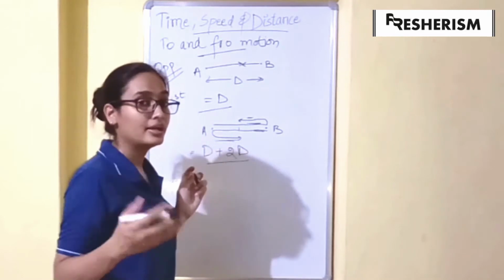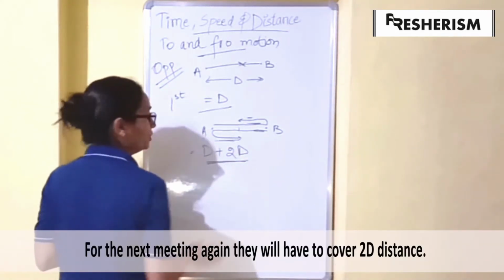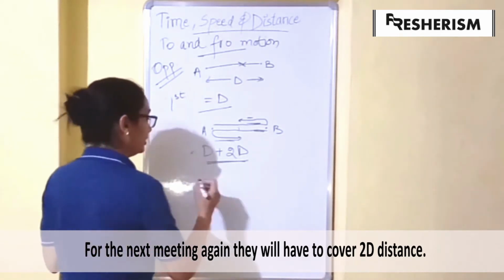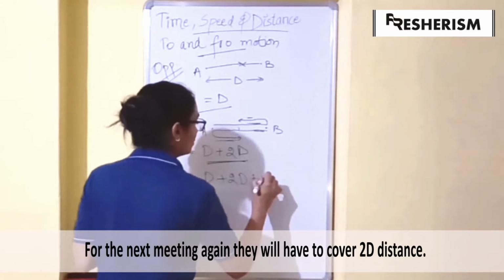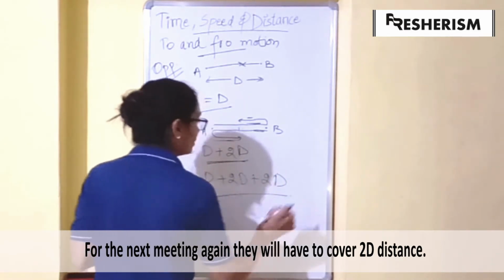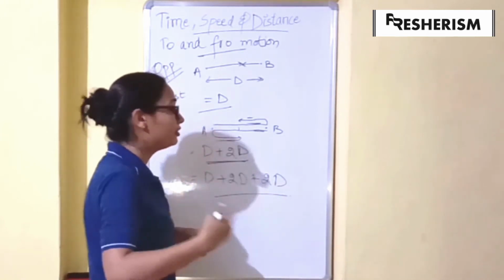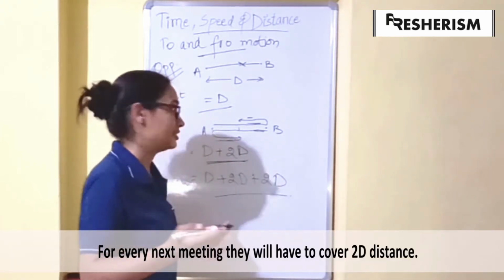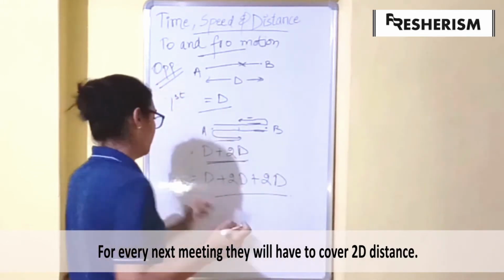So for their second meeting they had to travel a distance of d plus 2d, and for the third meeting they will have to travel another 2d. Just after their first meeting they have to travel 2d more, that is, the first distance plus 2d and so on.